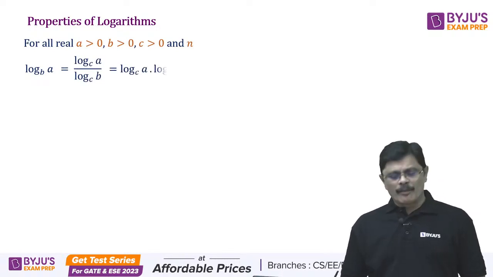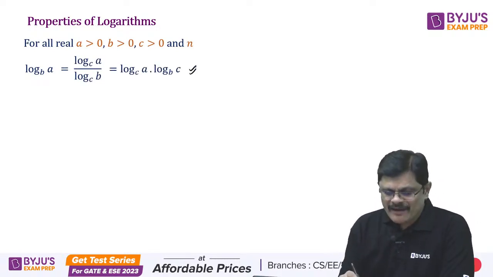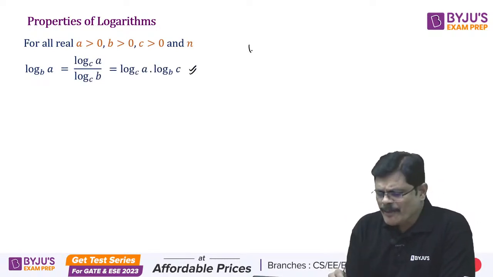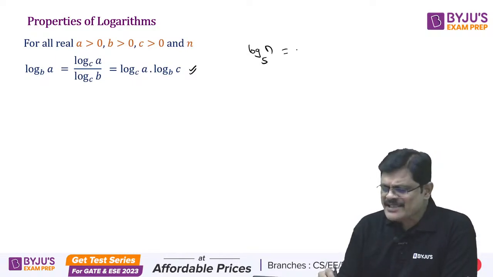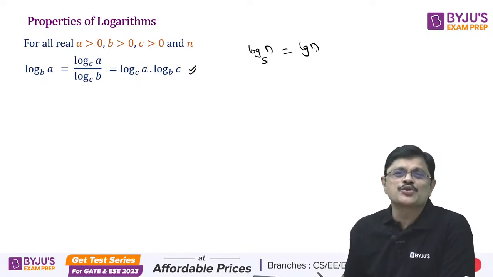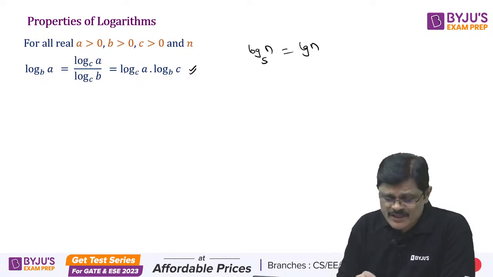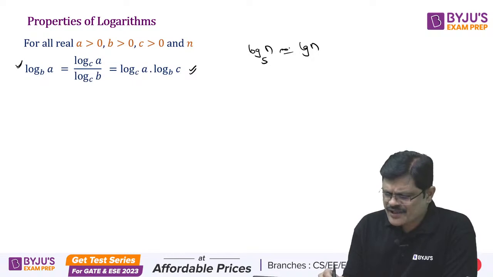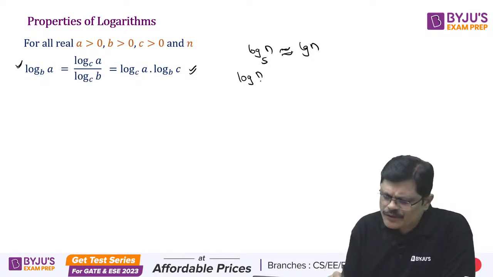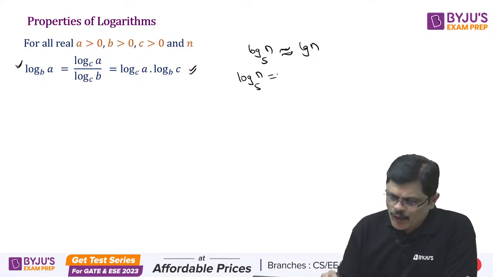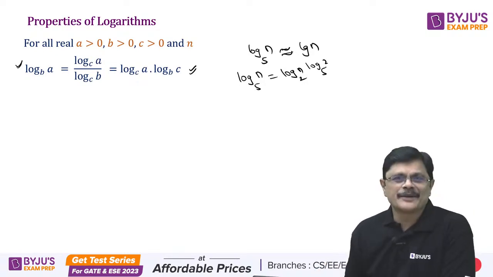Actually, this formula plays a very, very important role, my dear friends. See, generally when you solve problems, you get something like log n to the base 5. And they write it as log n, that is log to the base 2 they write it. And how can you write like that, my dear friends? Because of this formula. Of course, it's not exact, it is an approximation. See, the idea is when you have log n to the base 5, according to this formula, you can write it as log n to the base 2 and log 2 to the base 5.